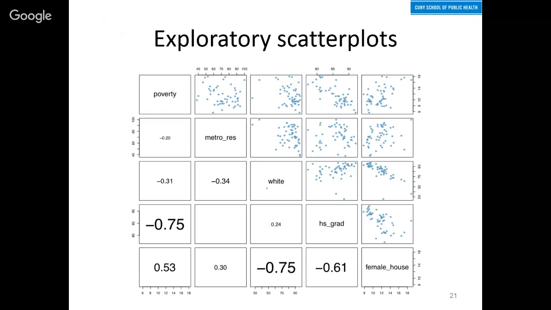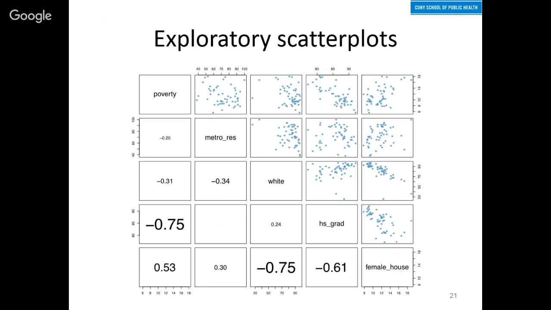And there's also a fairly strong correlation between the percentage of self-reported white and the percentage with a female-only head of household. So where there are more self-reported whites, there are fewer female-only heads of household. And also a pretty strong anti-correlation between high school graduation and female heads of household.